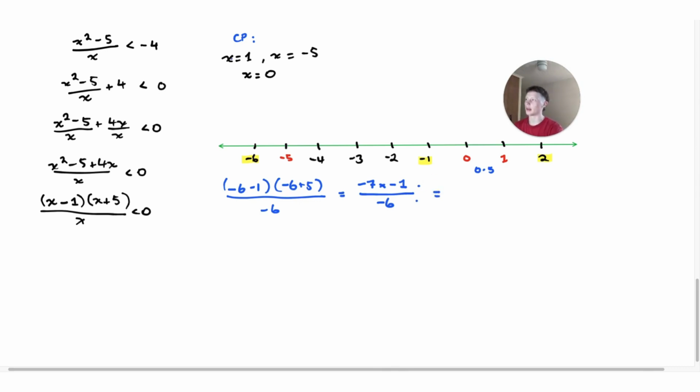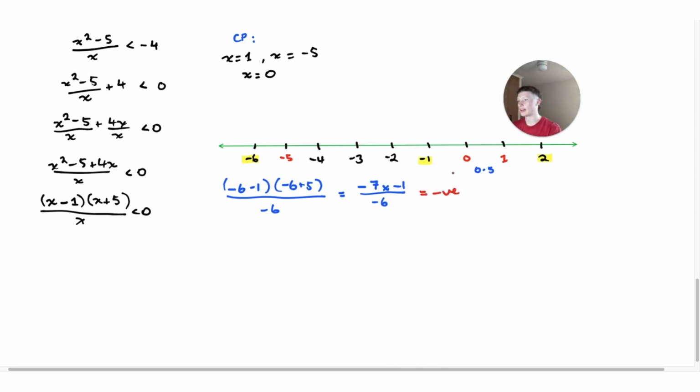So if we evaluate at the top here, that's -7 times -1 over -6. From this, we've got a positive on the top and a negative on the bottom. So that's going to be a negative overall.